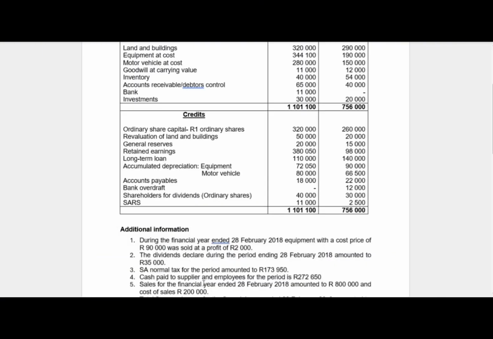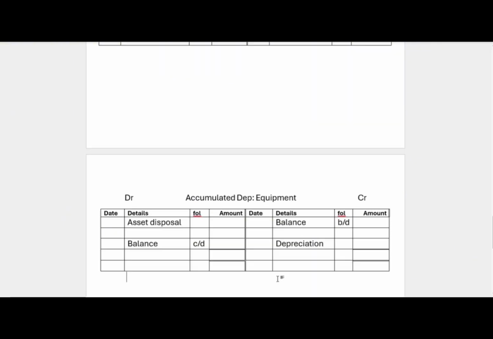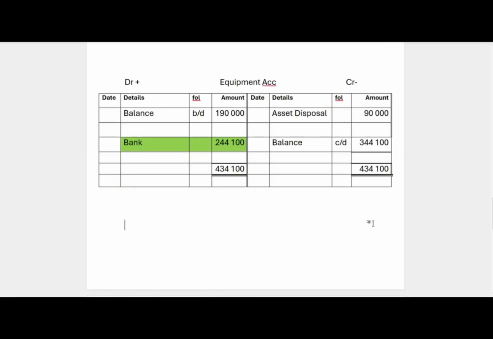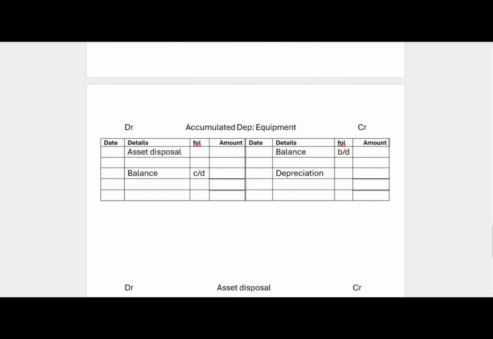It's how much then? 90,000, right? We've got 90,000. Opening balance of accumulated depreciation on equipment is 90,000. All right. Let's do that quickly.